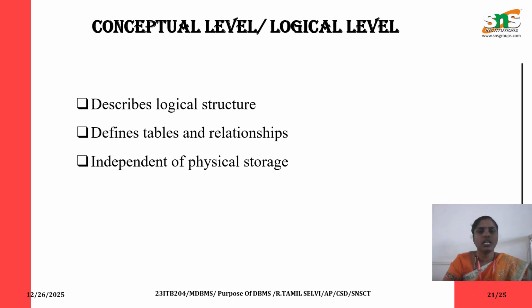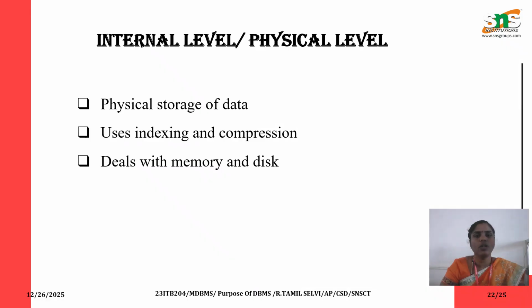Next one, conceptual level or logical level. It describes the logical structure of the database, and it defines the tables, relationships and constraints, independent of the physical storage. Next one, internal level or physical level, that describes how the data is stored physically, using indexing and compression techniques, that deals with the data on disk and memory storage.